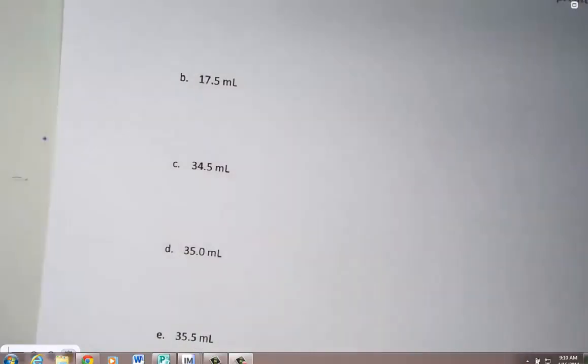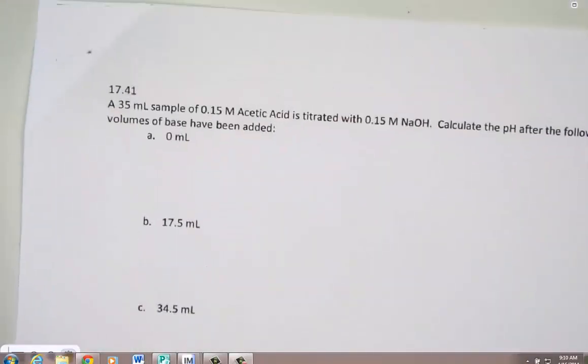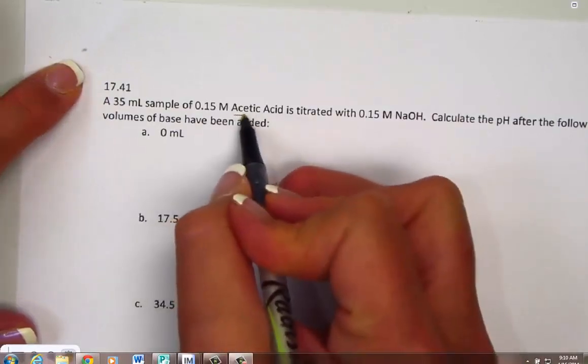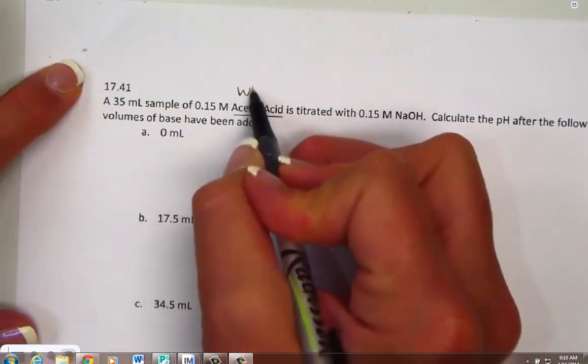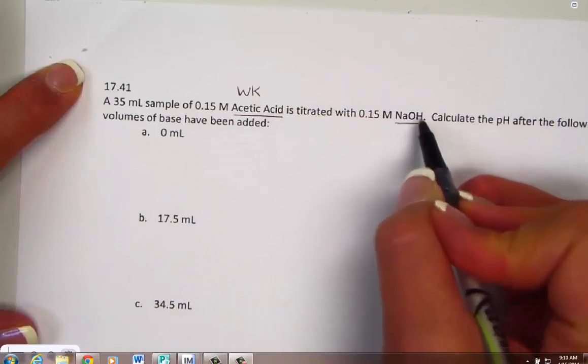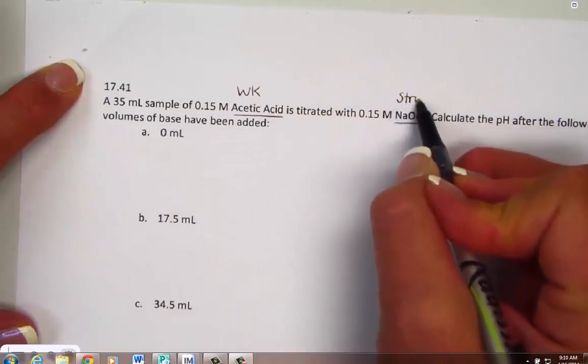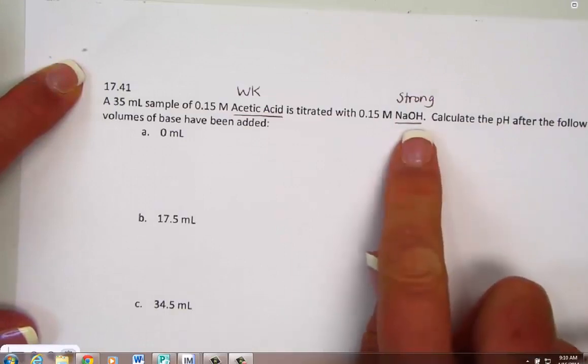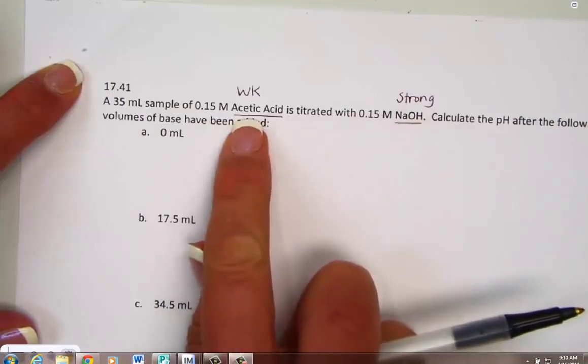Here's example number 41. So 17.41. Now I'm titrating a weak acid with a strong base. Weak acid, strong base. The salt of a strong parent base will not hydrolyze, but a salt of a weak acid certainly will.